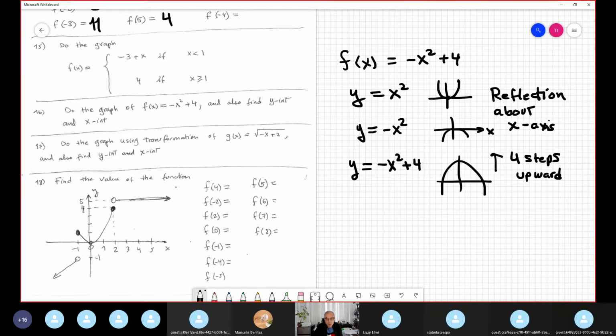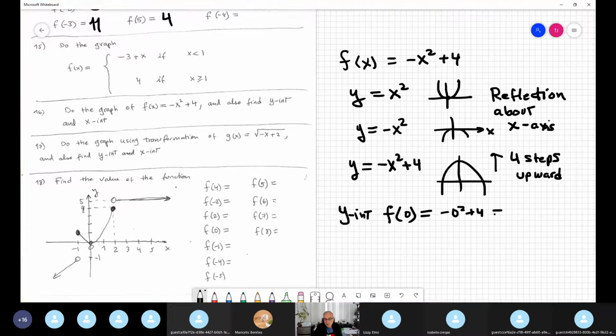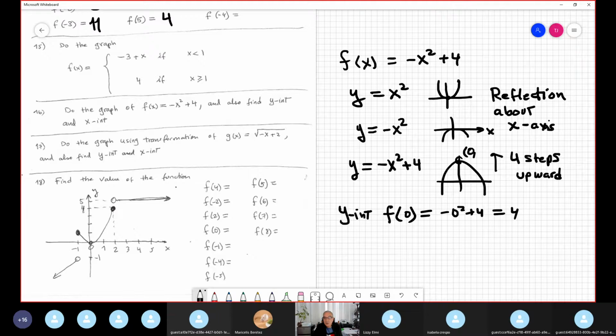They want more detail. They want the y-intercept. And remember the formula for the y-intercept is evaluating at 0. This is the formula always to evaluate. So, minus 0 squared plus 4 is obviously 4. So that point is the point (0,4).